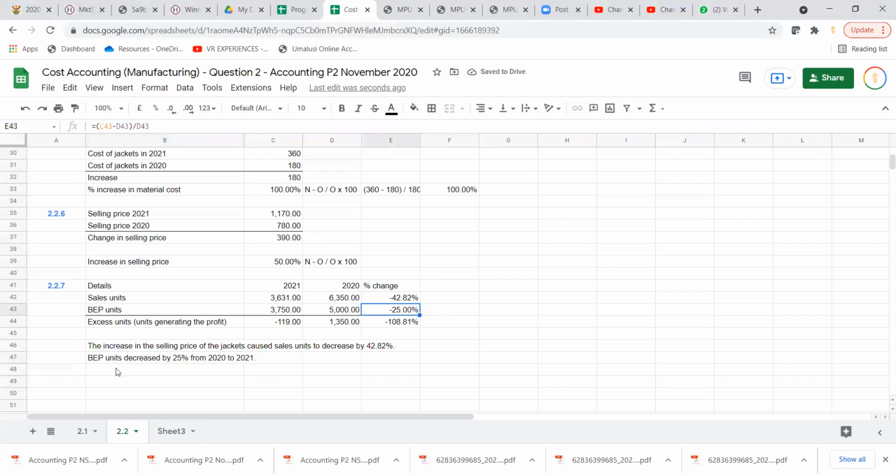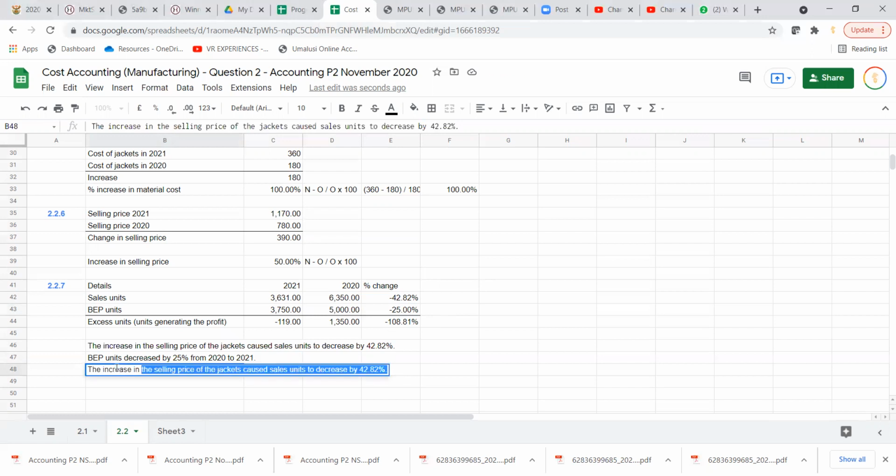But you can say the increase in the selling price of jackets is causing the business to make a loss.